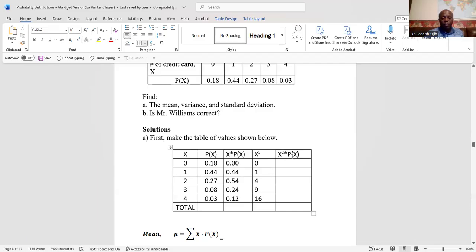We need this so that we can get x squared times px. So x squared, we use it to multiply px. 0 times 0.18 gives us 0.00. 1 times 0.44 is 0.44. 4 times 0.27, I got 1.08.